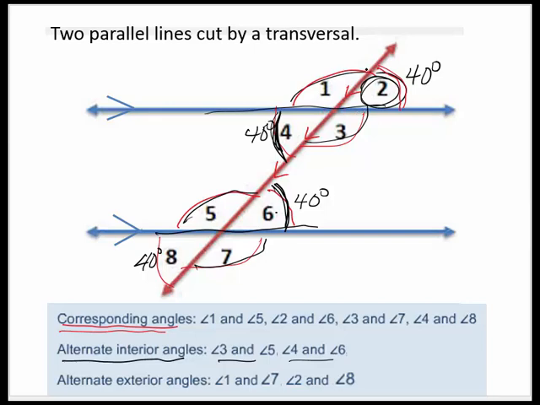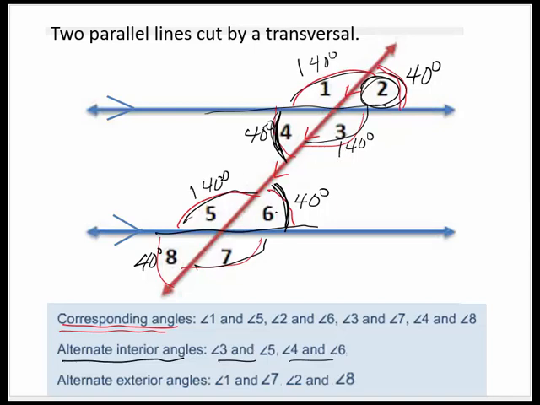And then because of supplementary angles, if 2 is 40, then 1 would be 140 because 140 plus 40 adds up to 180. And once we know that 1 is 140, 3, 5, and 7 are also 140 due to all kinds of reasons. 3 we could say is 140 because it's vertical with 1. We could say 5 is 140 because it's alternate interior with 3.